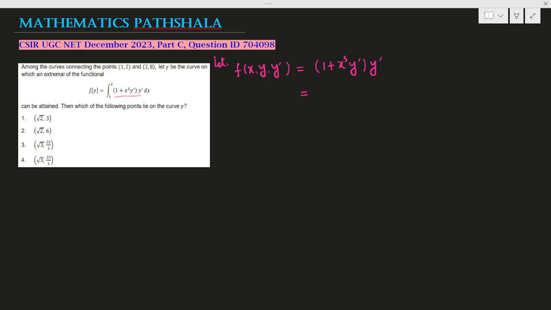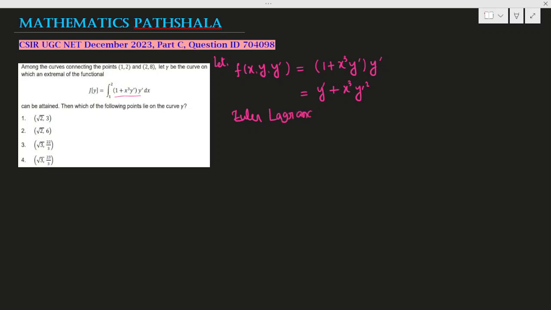So here we can write it as y dash plus x cube y dash square. And to solve this kind of problems, what must we know? We have to know the Euler-Lagrange equation. So see, what is the Euler-Lagrange equation?